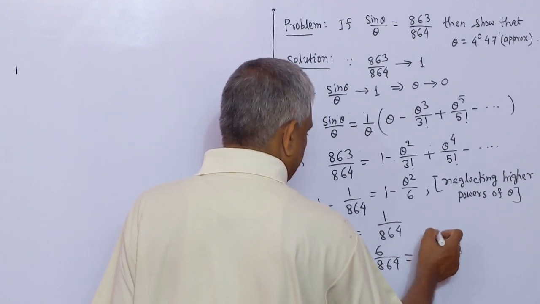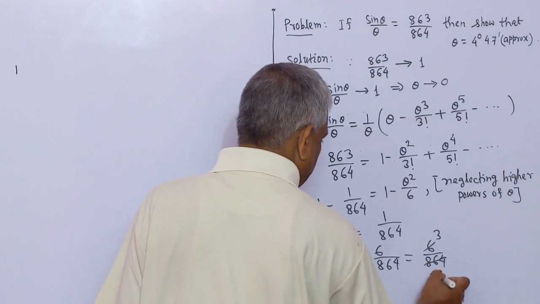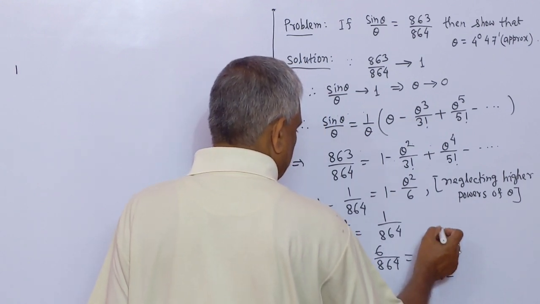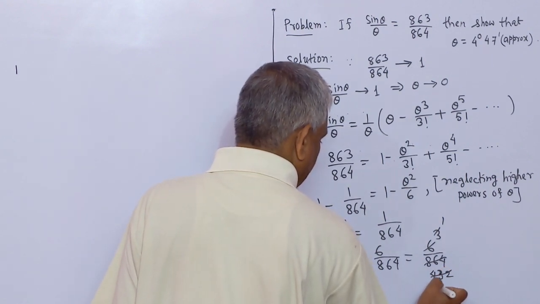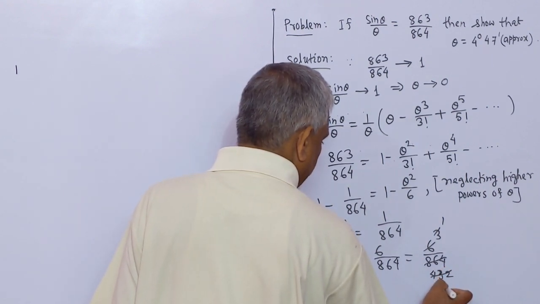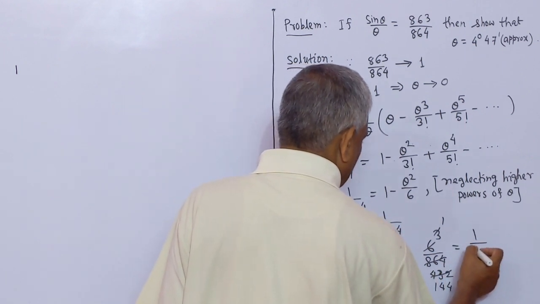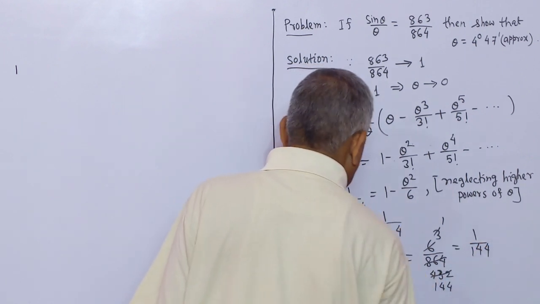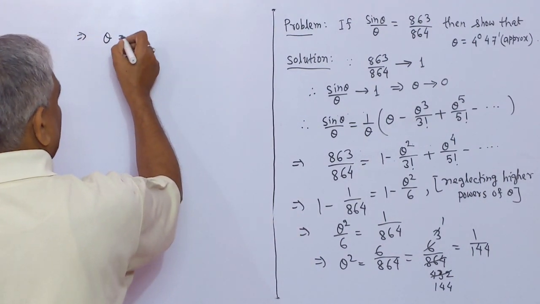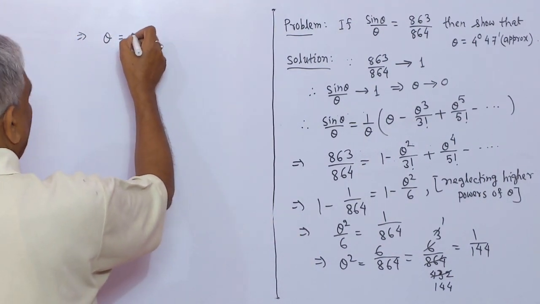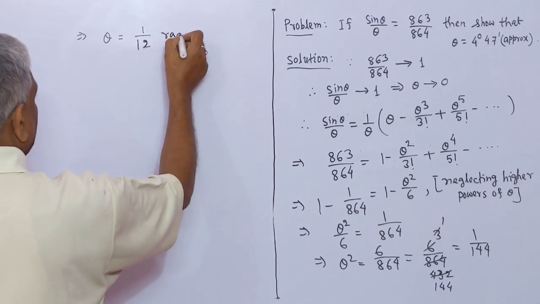We cancel this by 2, 3, here 4, 32. Here 3 ones are 3, here 1, 3 fours are 12, 3 fours are 12. This is 1 by 144, which implies that theta equals 1 by 12 radian. This is radian.